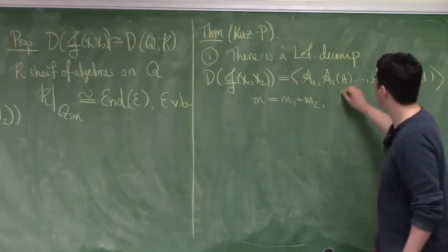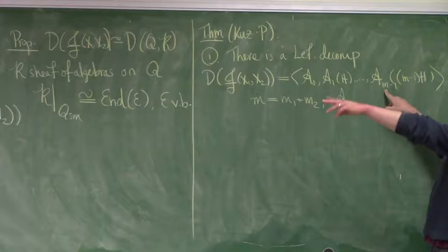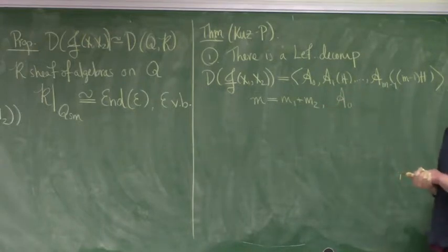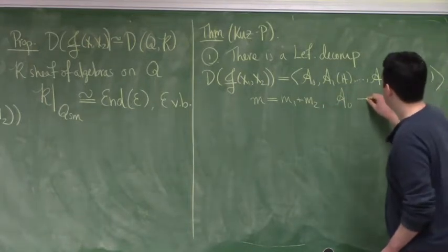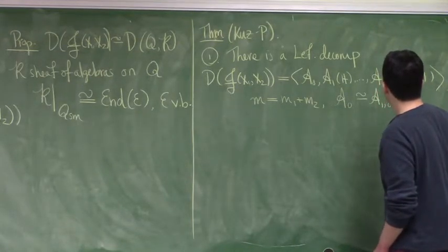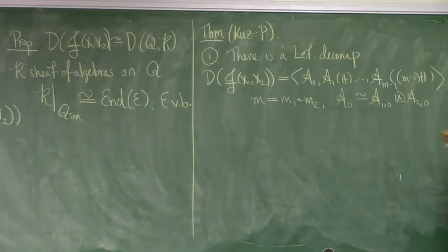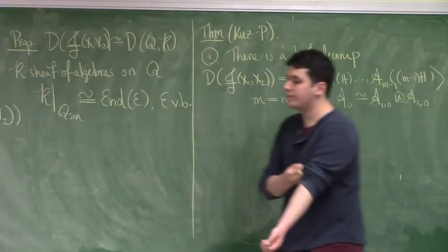And moreover, there's some kind of formula for each of these terms in terms of the original categories, but in general it's complicated. But for A naught, this is really equivalent to A10 box tensor product with A20. Okay? So there is a Lefschetz decomposition of this categorical join is the first statement.